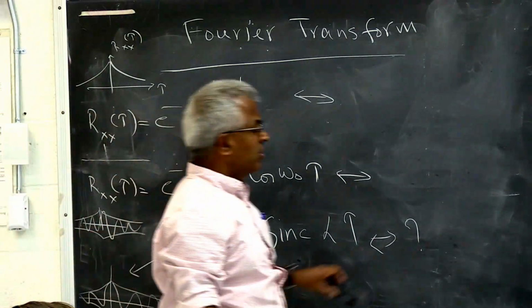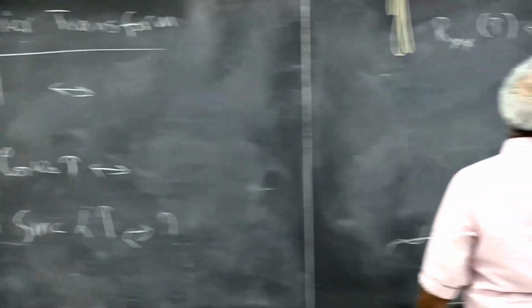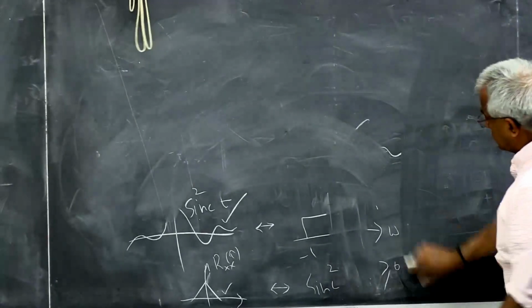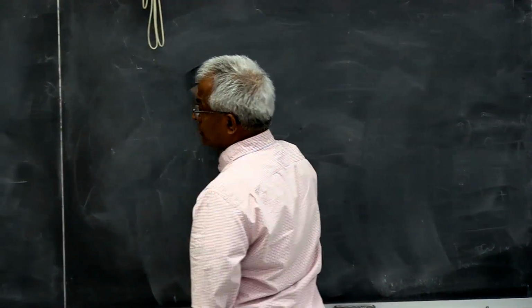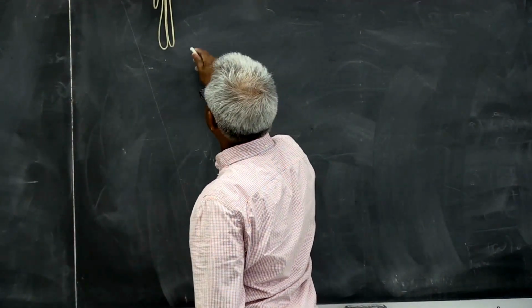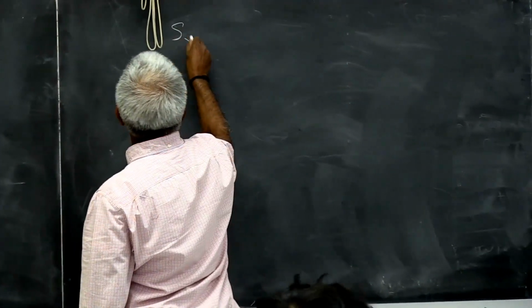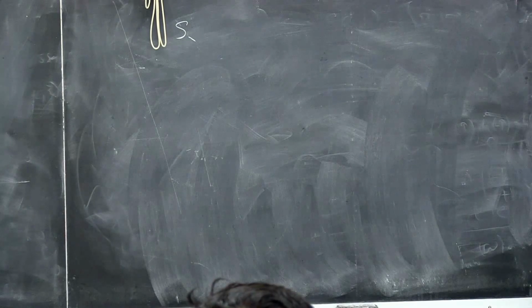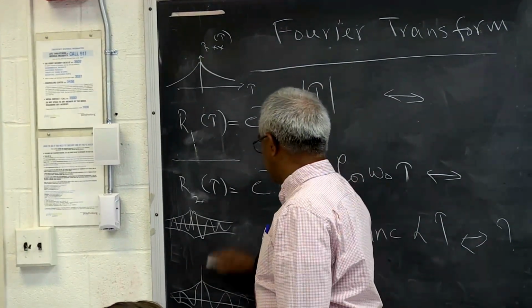So we have to do the Fourier transform. If you take the first one, let me call this R1, R2, let's say this is R3.